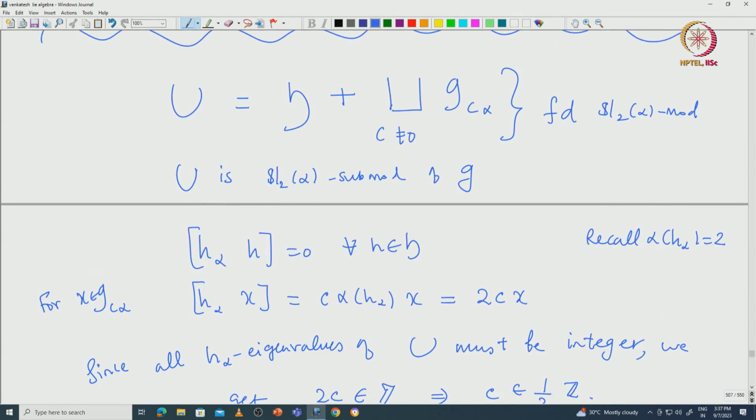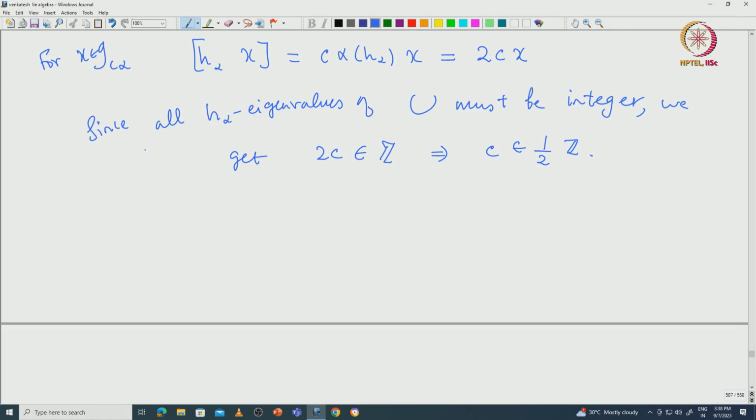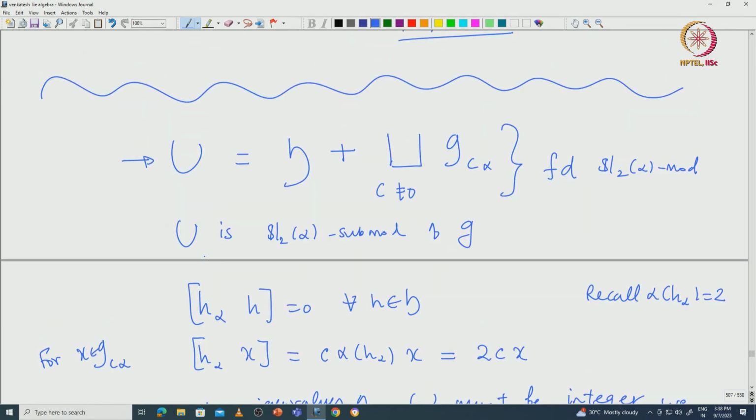So, now take this U. Since this is a finite dimensional SL2 module, it can be written as a direct sum of irreducible modules. So, we would like to see what kind of decomposition it has. For that purpose, you can already see that this U contains H plus SL2 of alpha.